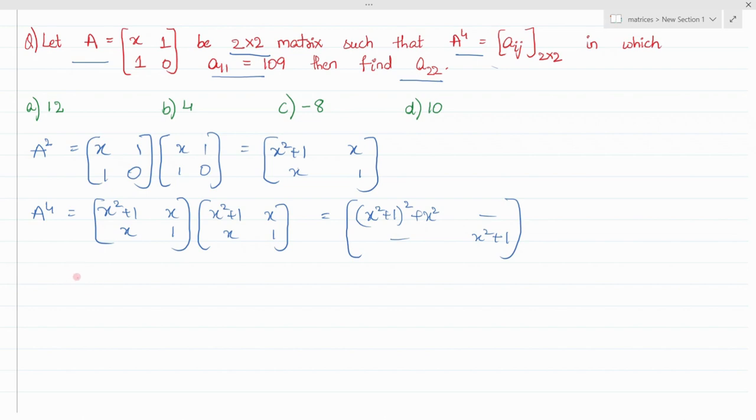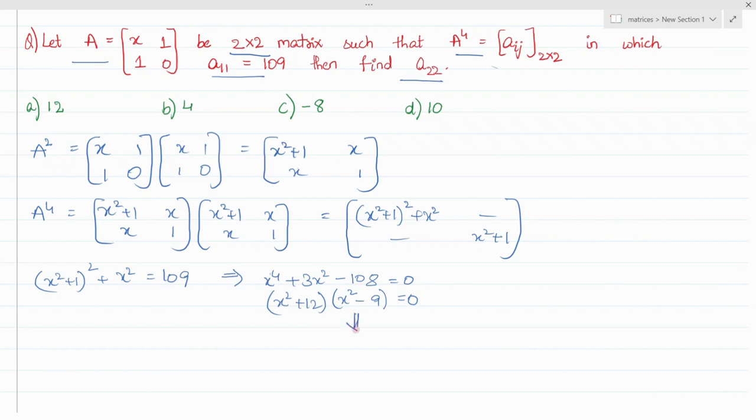Now equate the A11 entries, that is x square plus 1 whole square plus x square, which is given as 109. So from here when you simplify, you will get x power 4 plus 3x square minus 108 is 0. You'll get two factors, those are x square plus 12 and x square minus 9.